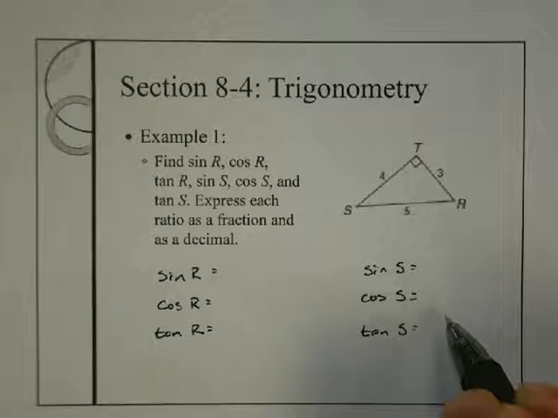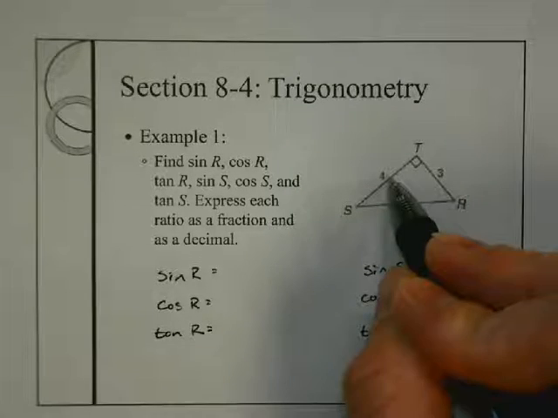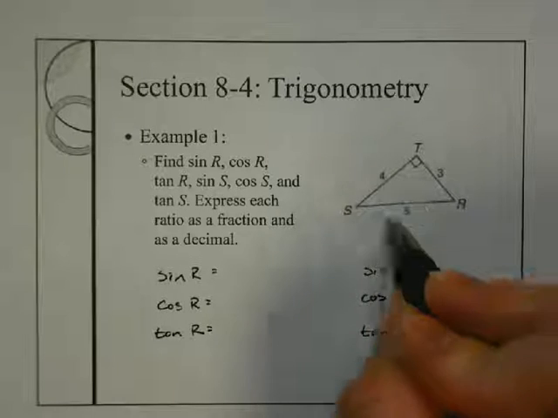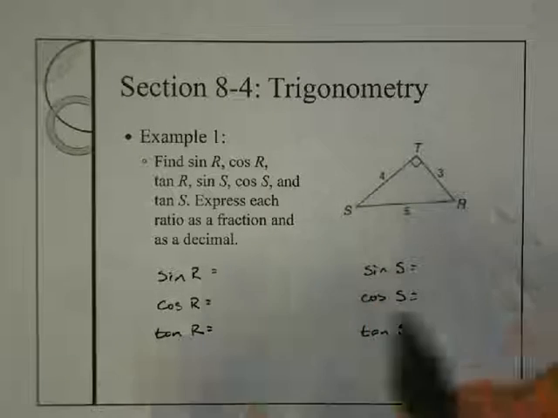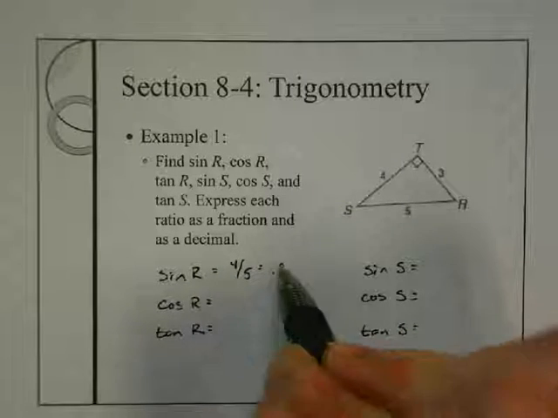Okay. So for sine R, here's angle R, so sine is the opposite side divided by the hypotenuse. So from angle R, 4 is opposite, it's across the triangle, and the hypotenuse is 5. So 4 over 5, which as a decimal is 0.8.